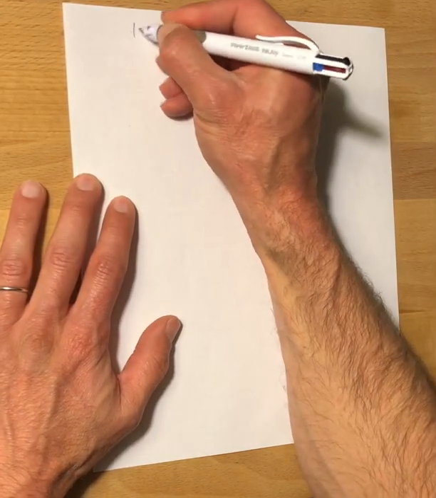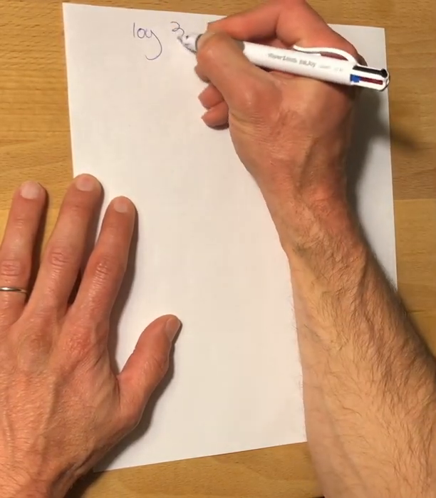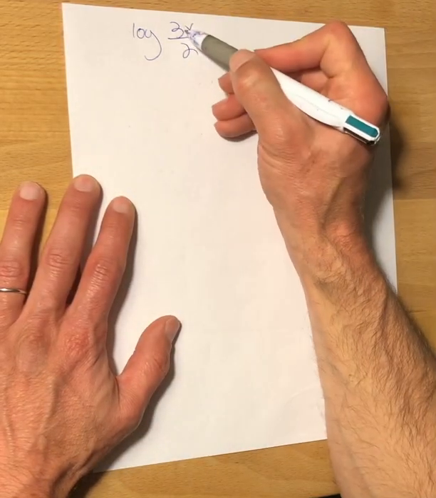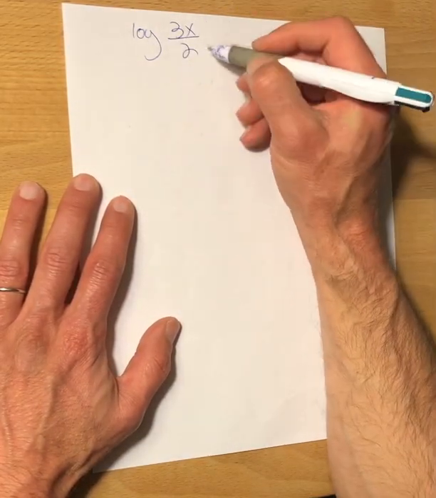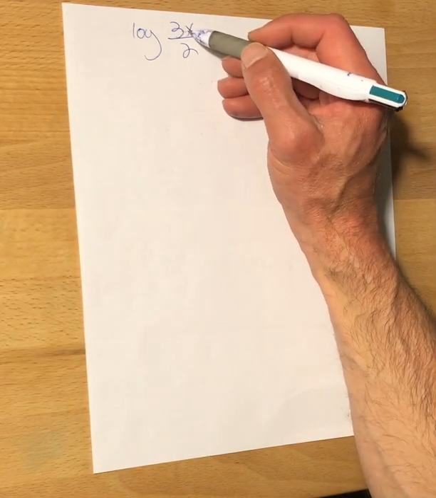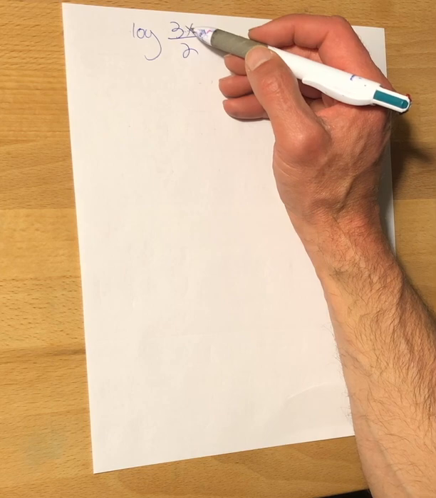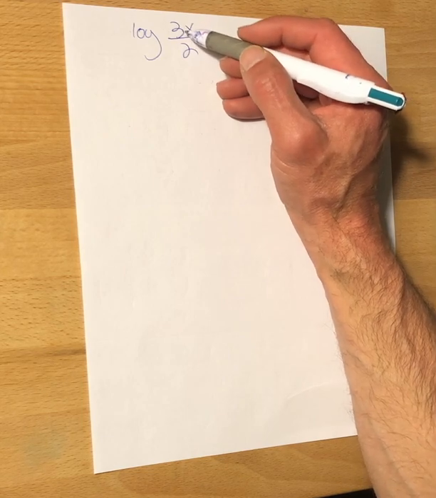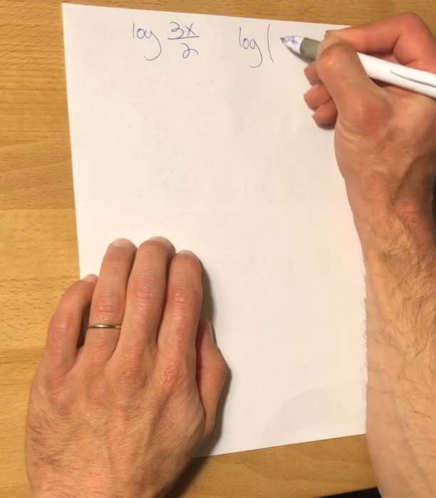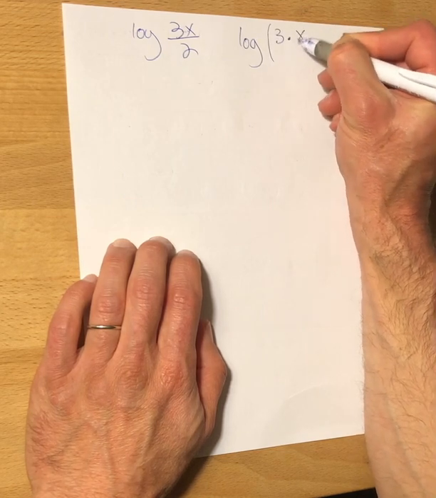Now, in the example, I ask you to expand log 3x over 2. Okay, look, I'm going to break this up. Remember, this has to do with the other property, the product property. This is the same thing as log 3 times x over 2.